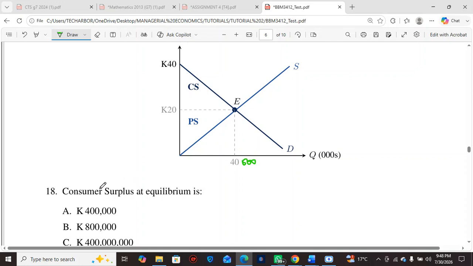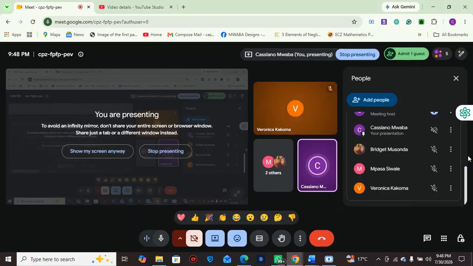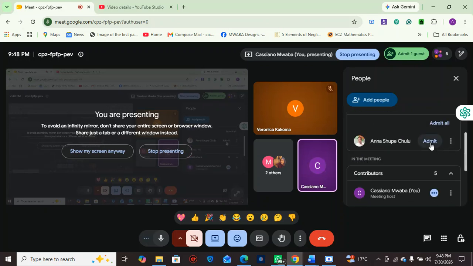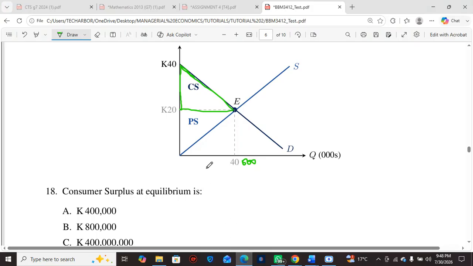So they say consumer surplus at equilibrium. Consumer surplus, think of it as the extra benefit to the consumer. Okay, colleagues? The extra benefit to the consumer. Or it is the difference between what the consumer is willing to pay minus what the consumer actually pays.